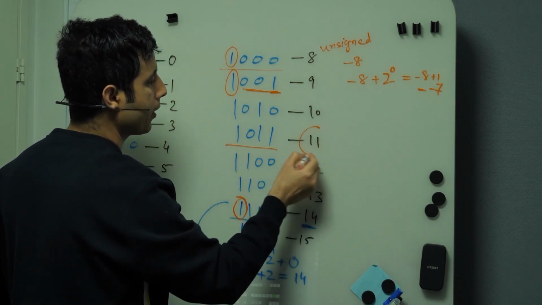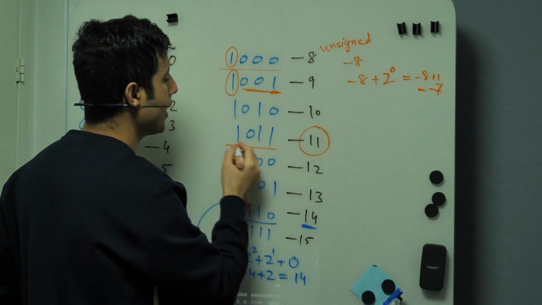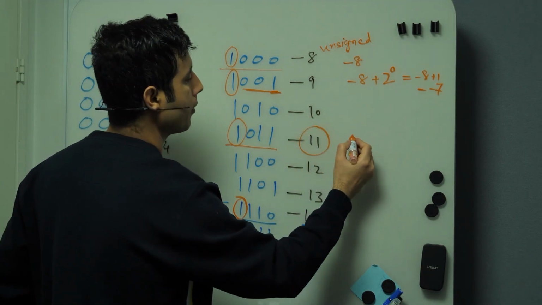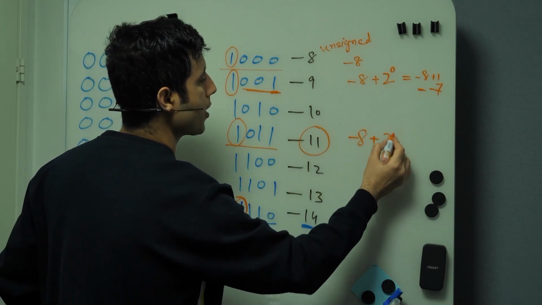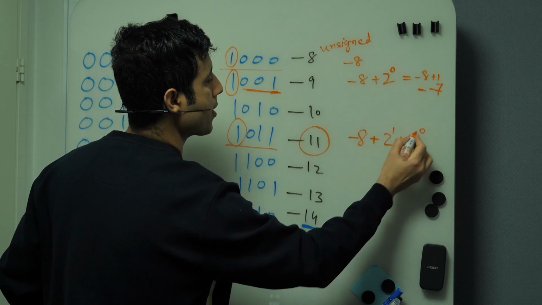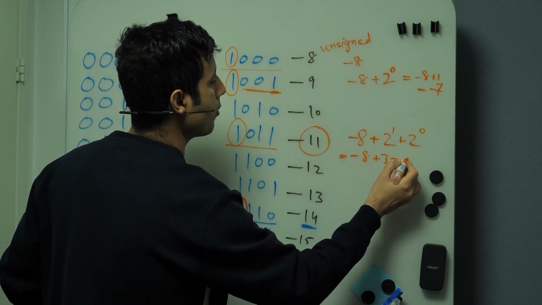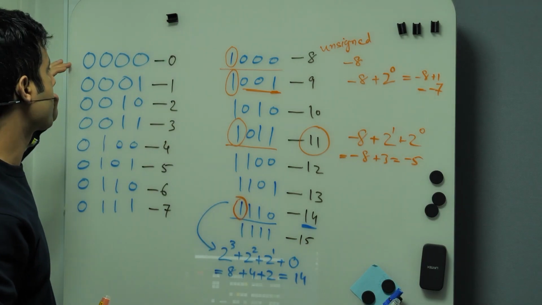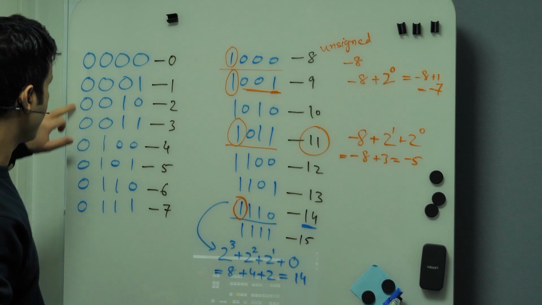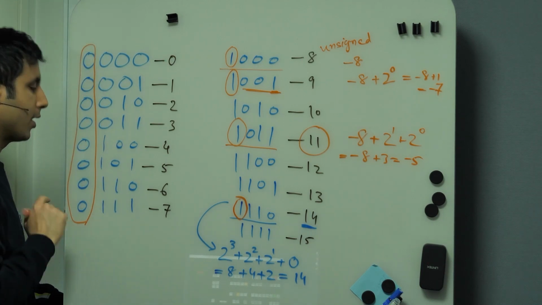Now say this one. So 11, if we had unsigned encoding, this would be 11. But if we have signed encoding, we flip the weight of this bit. So this would be -8 plus 2 raised to the power 1 plus 2 raised to the power 0. So this would be -8 plus 3. So -5. We start arranging these 4 bits in increasing order. Up until here, the most significant bit is 0.